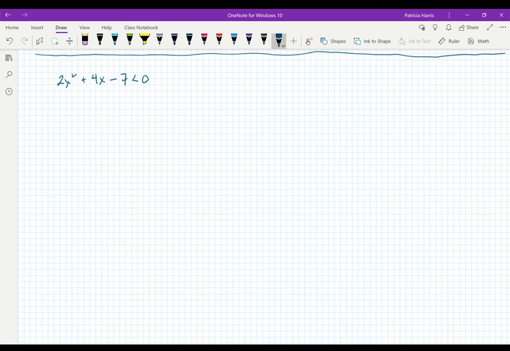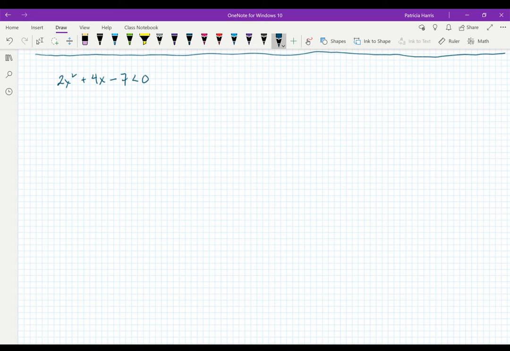Okay, so I have two options, or more than two options actually. I can try and graph it, or I can use the quadratic formula, or I can try completing the square. So it is truly up to you on how you do it. Most students would probably go for the quadratic formula, so I'm going to do it like that.